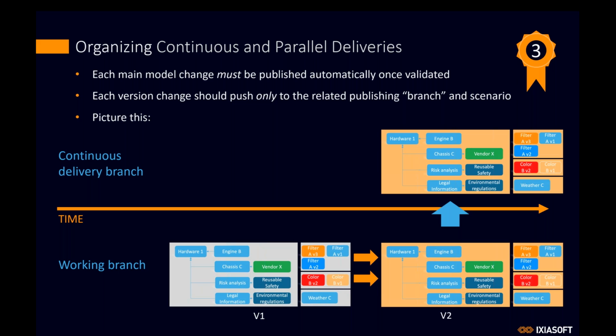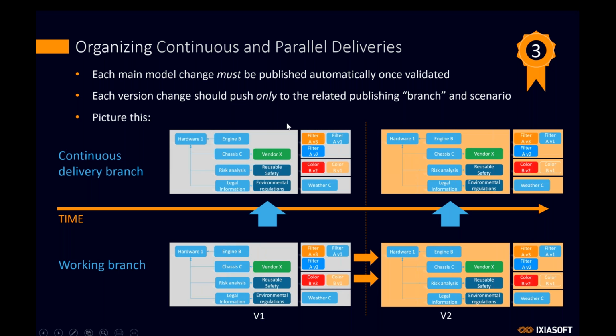So we still have that blue arrow. Now, of course, if this V1 and this V2 have to live together, you would need to have this publishing in parallel. And that's why we're talking about not only continuous, but also parallel deliveries here.